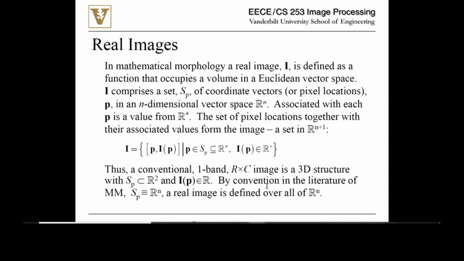Okay, good. So now an image is a collection of pixels, and the pixels are defined by two things: the location of the pixel and the intensity at that location.